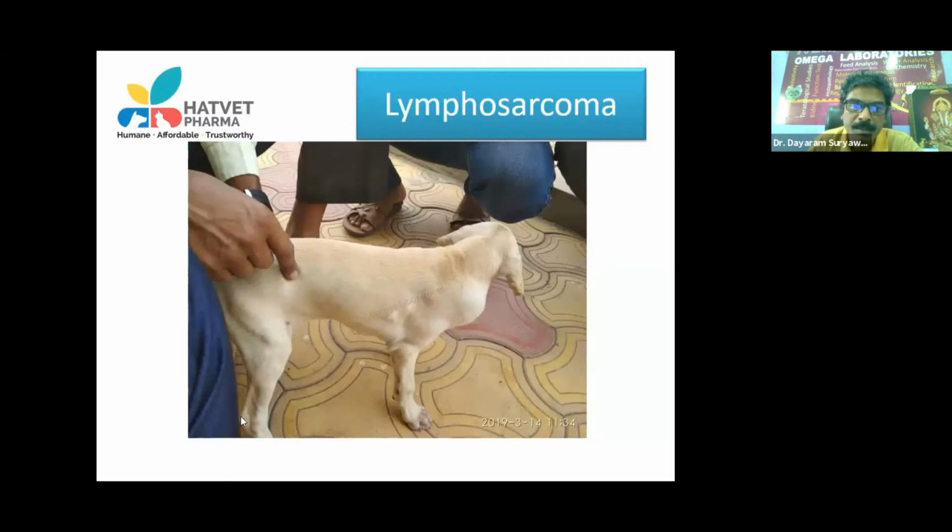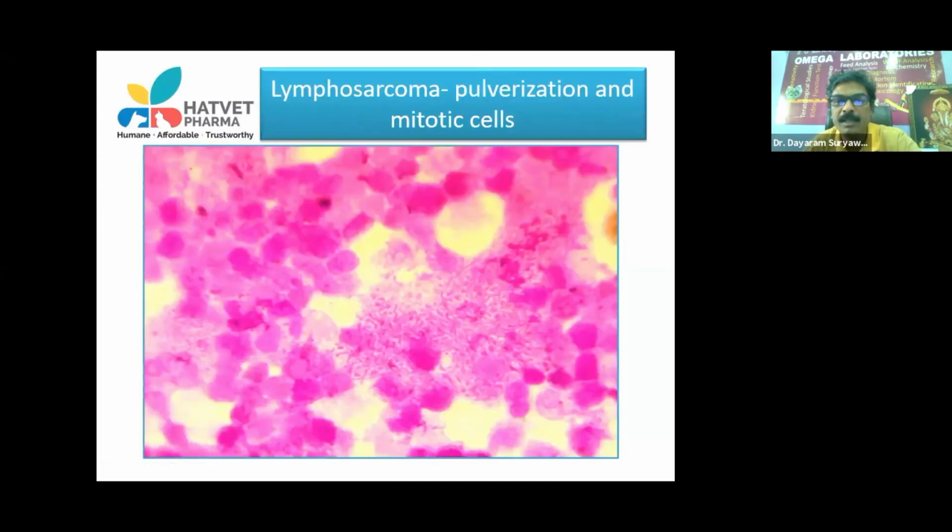Here you can see the abdominal lymph nodes are also enlarged. Here you can see a big lump is formed, and the thoracic lymph nodes are also enlarged in this case.